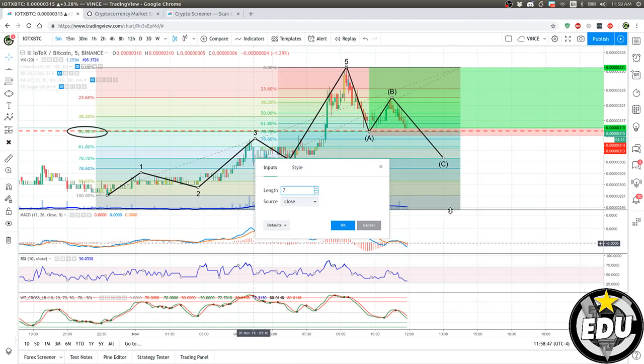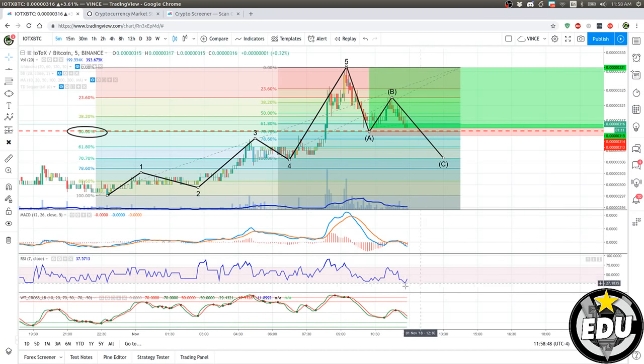Let's see what 7 looks like. 7 almost touched that 30 level, so this could be another good one. Right now, as you can see, RSI is bouncing on that level at 30. So by looking at the RSI right now, a bounce might happen.